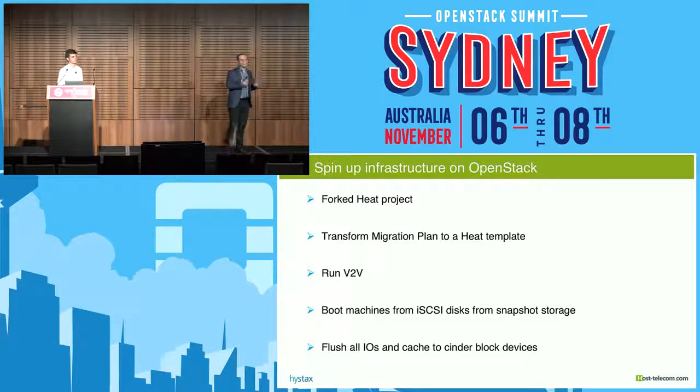The purpose is that at some point, when we are 100% ready and all the data from object storage is already in Cinder volumes, we can just exclude our solution and boot machines directly from these regular Cinder volumes. So our solution would be taken away. That's why we create regular Cinder volumes and these iSCSI disks.